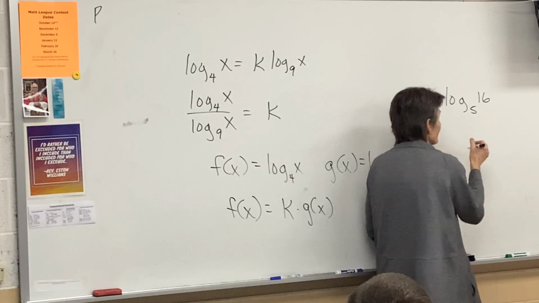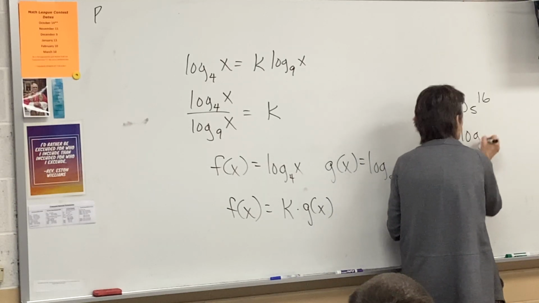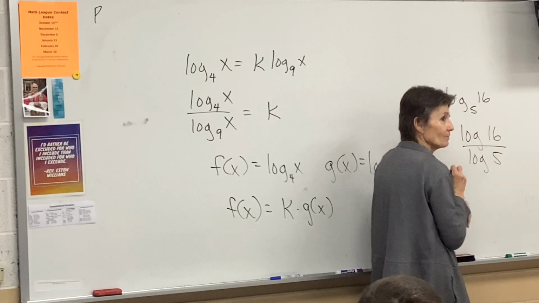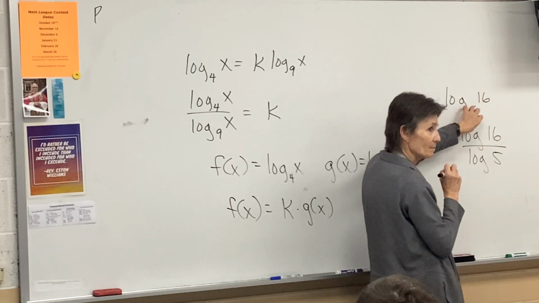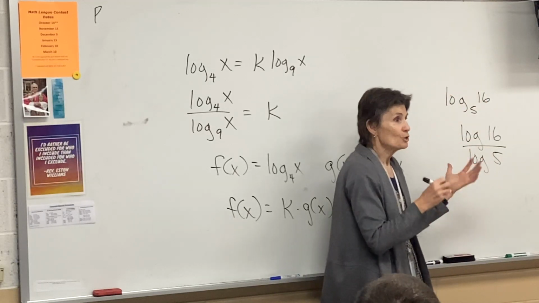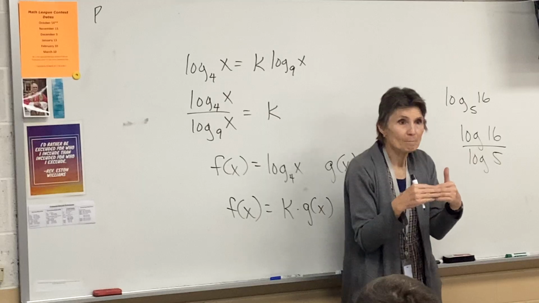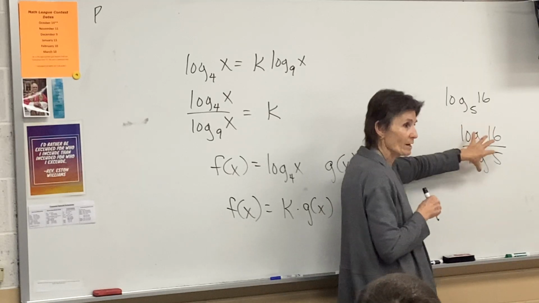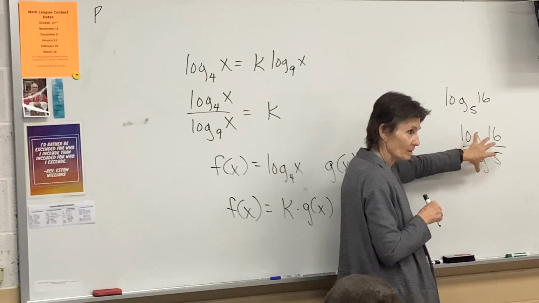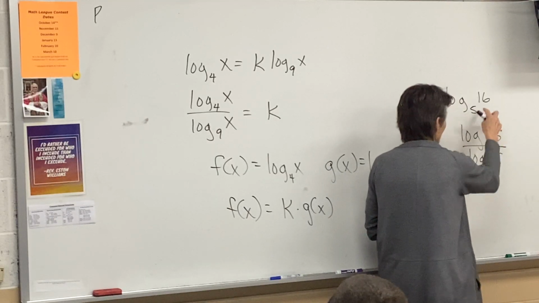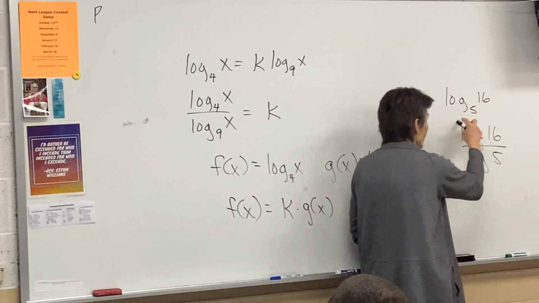Log 16 divided by log 5. So top number, bottom number. So this is called the change of base formula. You guys don't really need it because you have that log base button. But this is what's going on behind the scenes. Okay? So this right here equals the log of 16 over the log of 5.